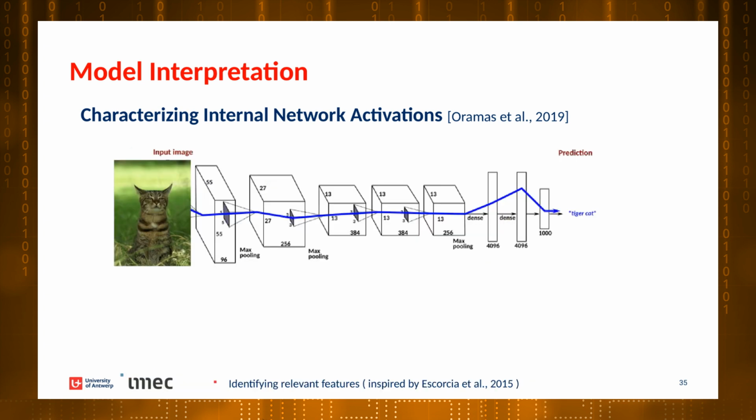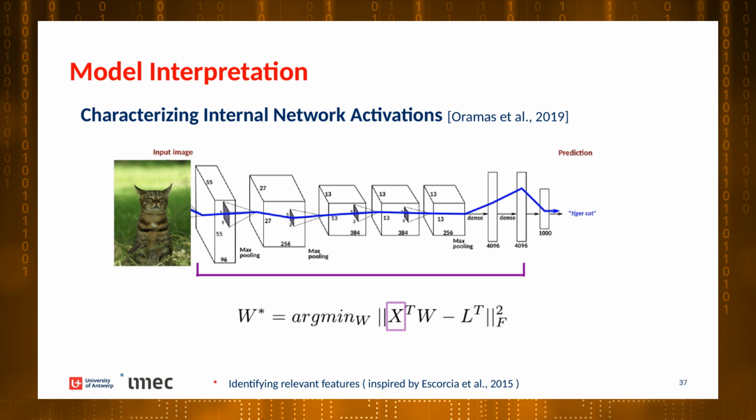So how will we do that? We will push every image through the model, and the image will follow some path, like represented here in blue, until making a prediction. And the way we will identify these relevant features is via this optimization that you see here, where X is all the internal activations that the input follows when it's pushed inside the model.